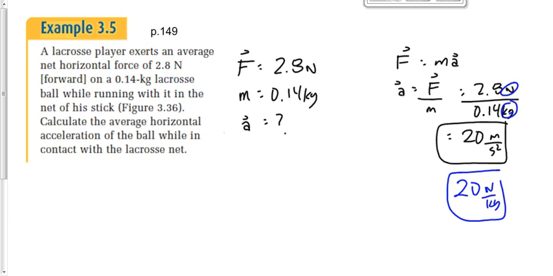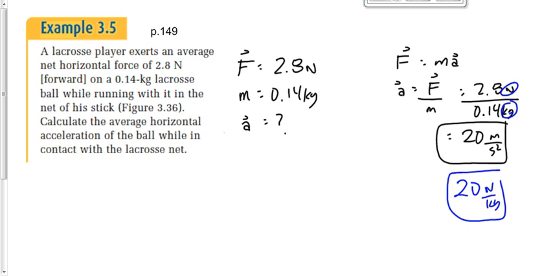Yep. Could you ask that again? Well, you couldn't replace newtons with kilometers because newtons measures force and kilometers measures distance or displacement, right? Grams. Yeah, okay.